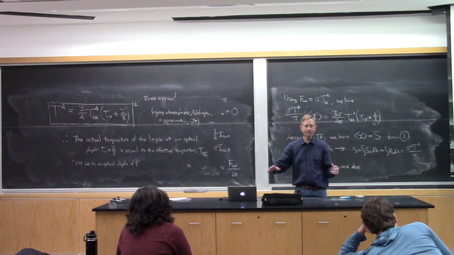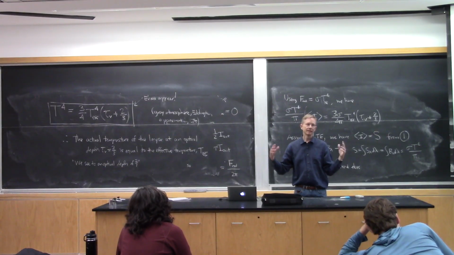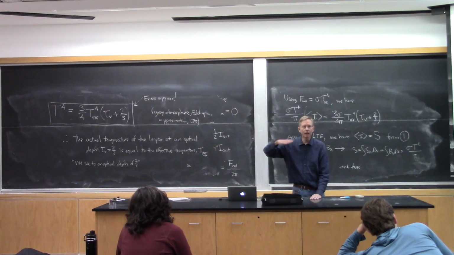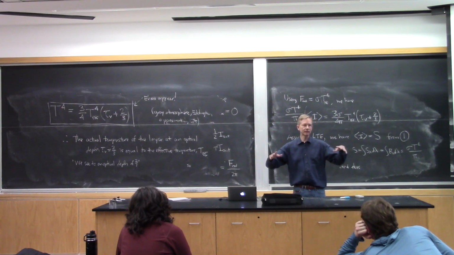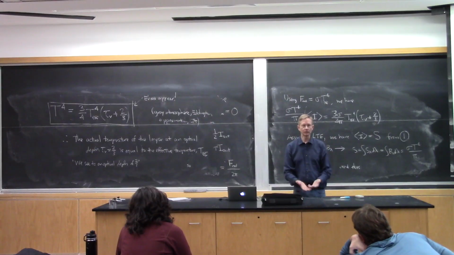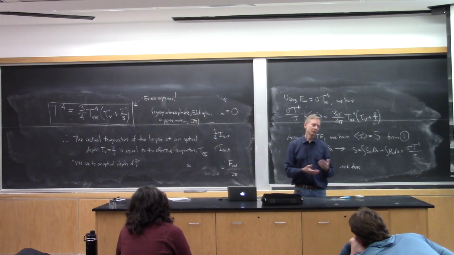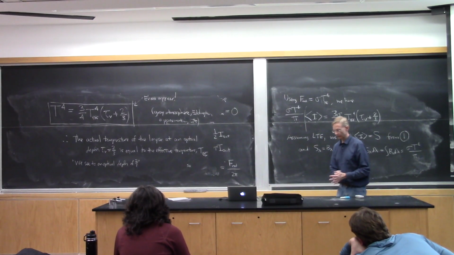It's a blend that all works out to this effective temperature, T_eff, and that effective temperature is the actual temperature of the layer where the optical depth is 2/3. So in that sense, when we look at the sun, it looks like the radiation coming from an optical depth of 2/3 below the surface. We'll explore that further later.